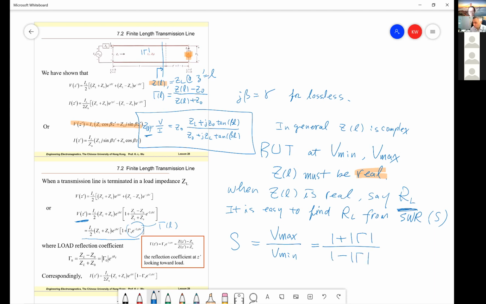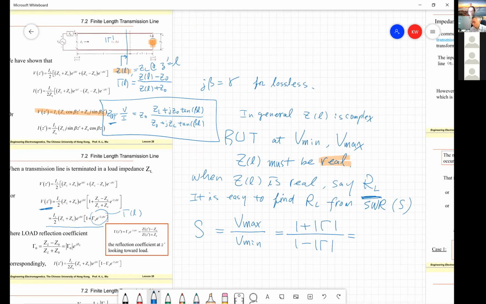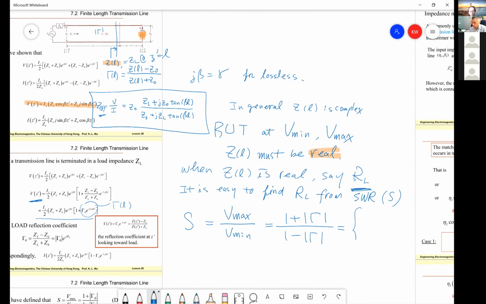So therefore, once we know the reflection coefficient, or once we know the standing wave ratio, we have two ways to express this. Or, if it is larger than ZL, or if it is smaller than ZL, all right?